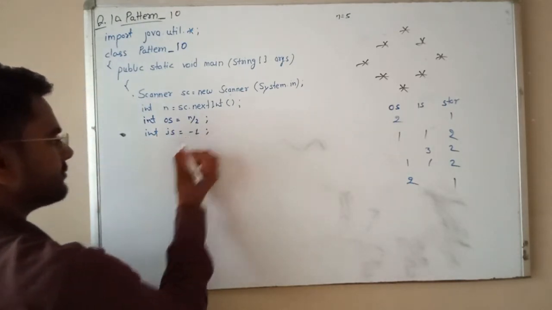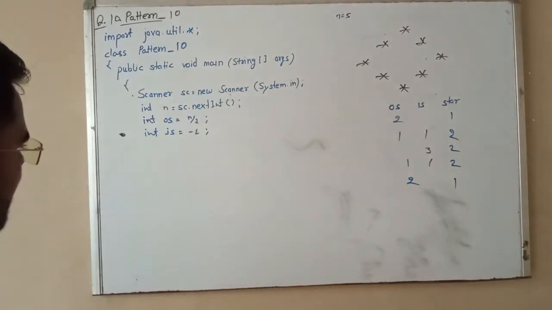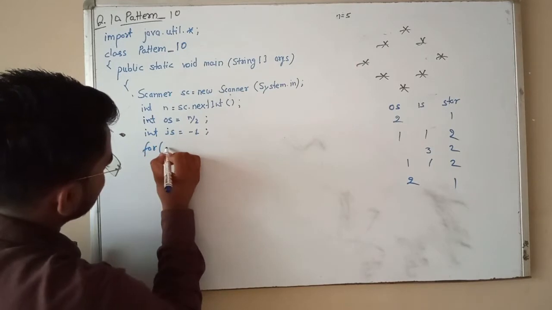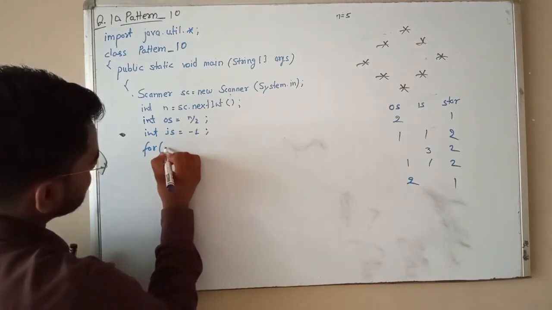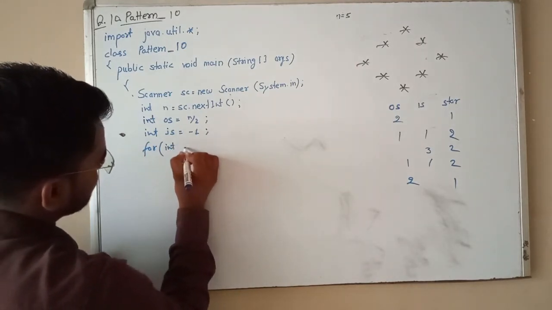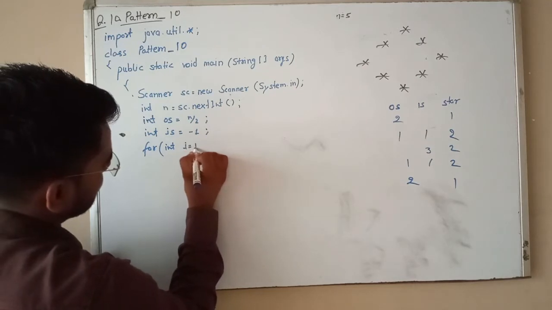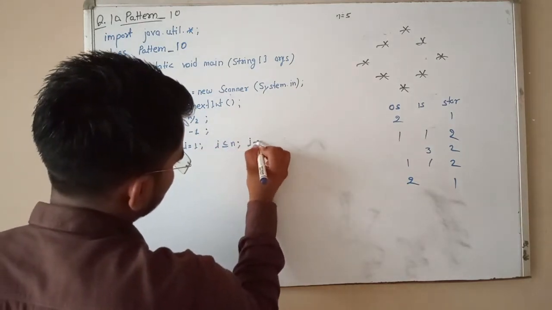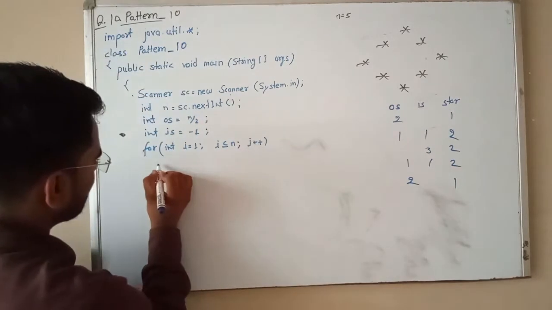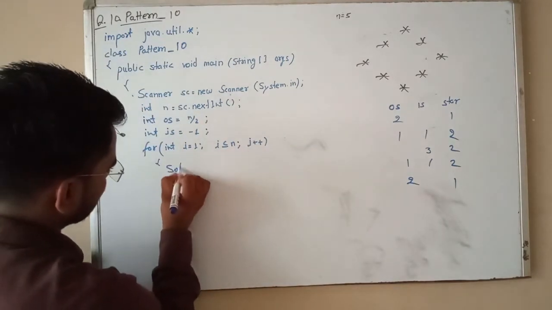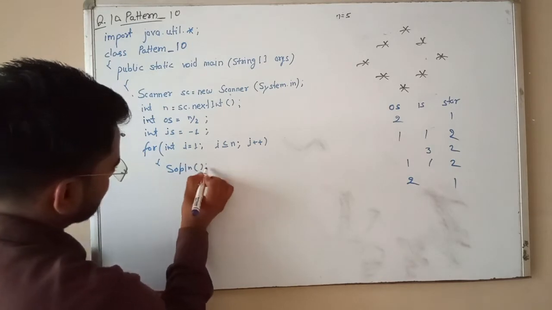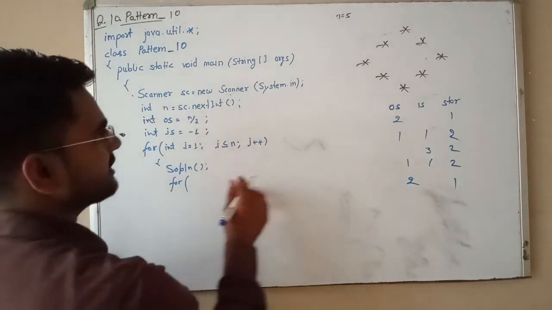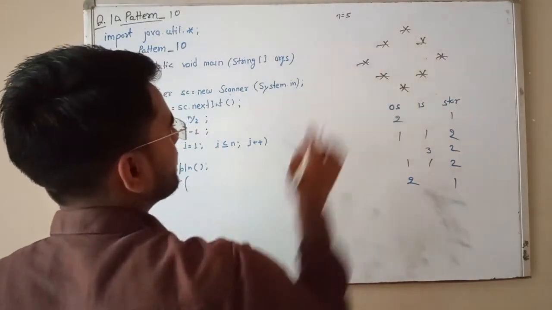After this initialization we use a for loop, as in previous questions: int i equal to 1, and i less than or equal to n, and i plus plus. Here SOP ln for the next line, and here use a for loop. First we print the outer space.